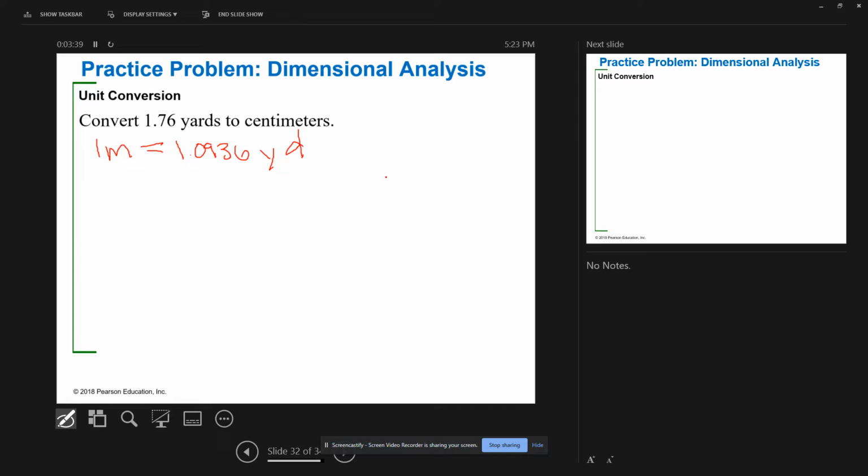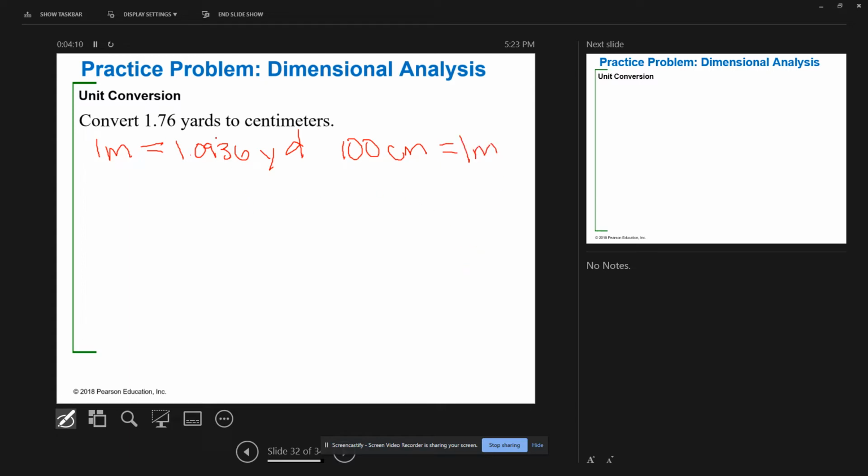That can help me go from yards to meters, but it's asking for centimeters. So this is where your metric prefixes come into play. Your metric stuff you're going to have to memorize. That's not going to be given to you. How many centimeters are in a meter? Centi is 100. So there's 100 centimeters in 1 meter.